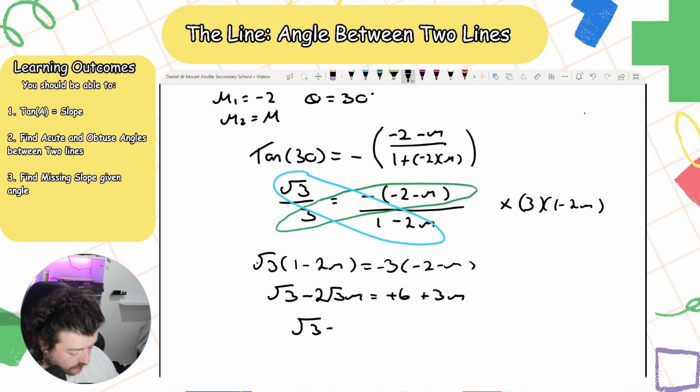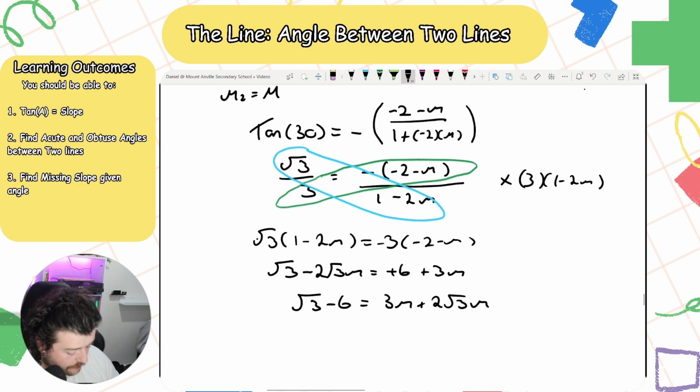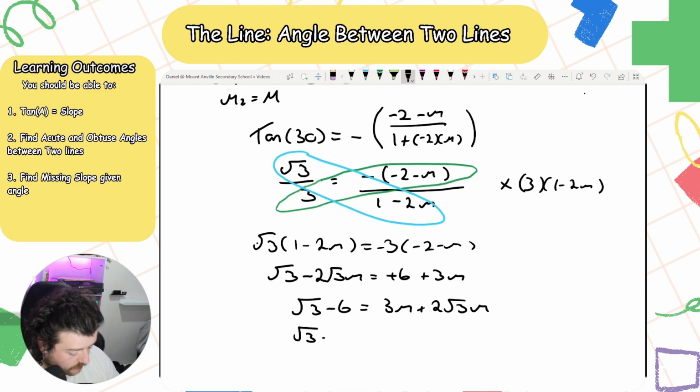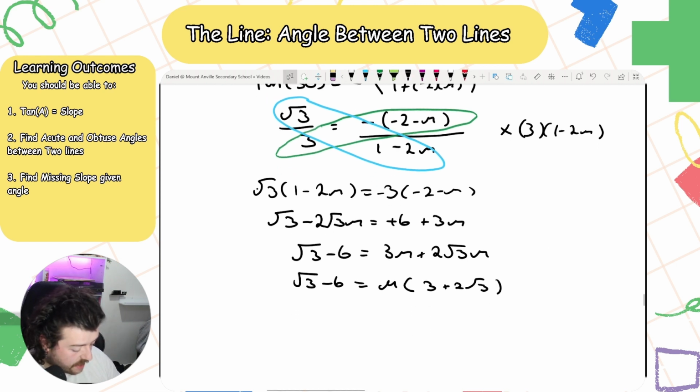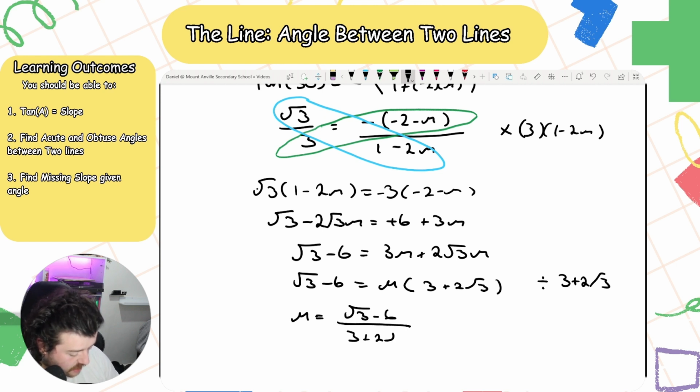So I'm going to have root 3 minus 6 is equal to 3m plus 2 root 3 m. Factor out an m here: 3 plus 2 root 3. Divide both sides now by 3 plus 2 root 3. So m is equal to root 3 minus 6 all over 3 plus 2 root 3.